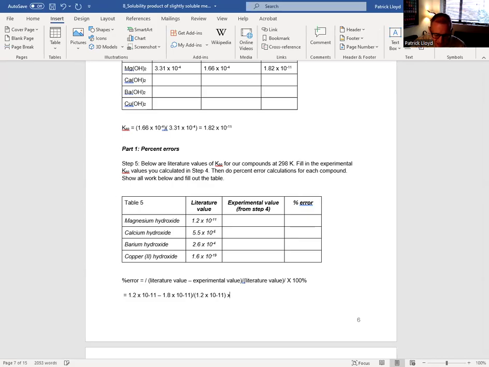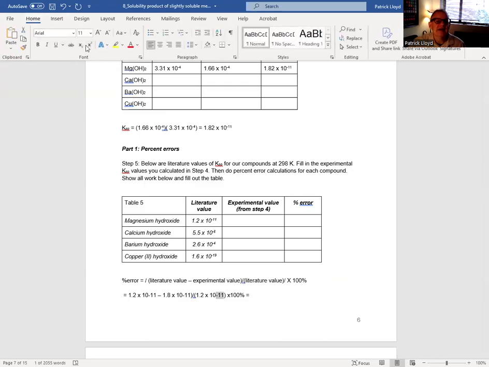And then the whole thing times 100%. Okay, so it's not 1%, but 100%, sorry. There we go. And so what happens is, I realize these should be superscript 2, is that you actually get a negative difference. So if you take the absolute value, you get a positive difference.